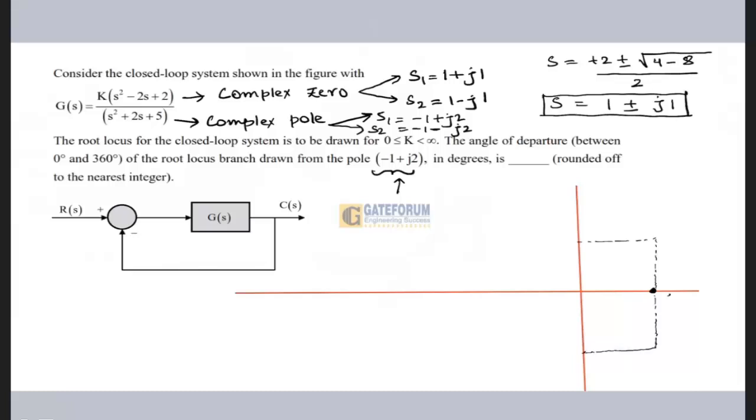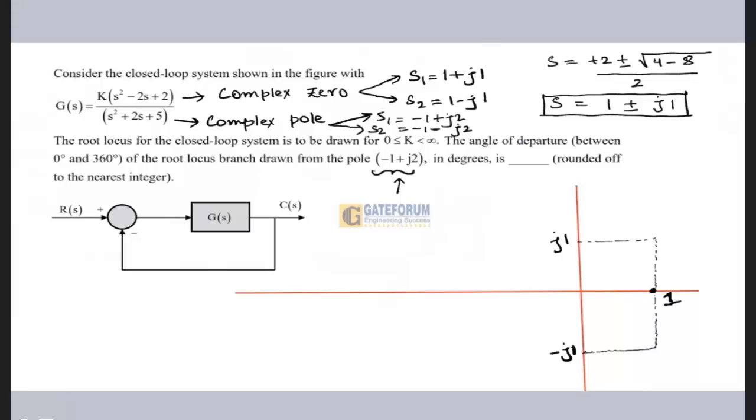So this is 1, this is plus j1 and this is minus j1, right? Now the complex poles are minus 1 plus j2.